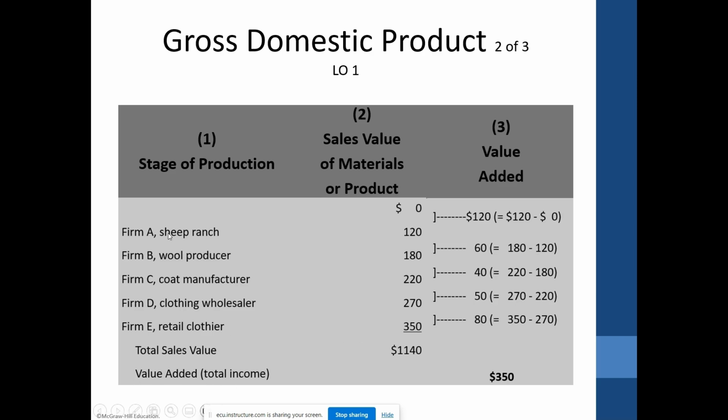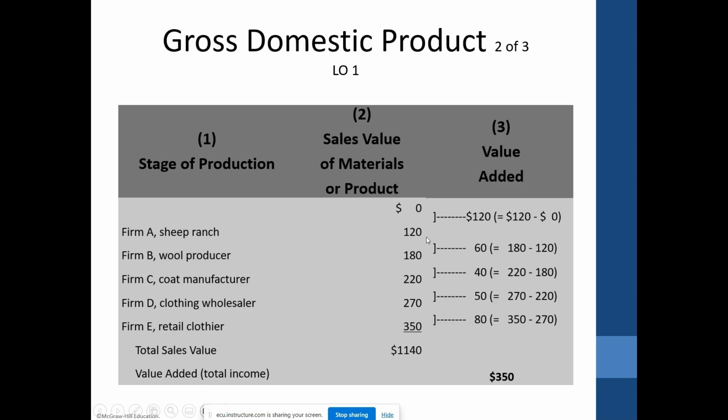Firm A has a sheep ranch. It creates raw wool, from 0 to 120. Then A sells the raw wool to the wool producer at 120, and the wool producer adds a production process and brings the value up to 180.